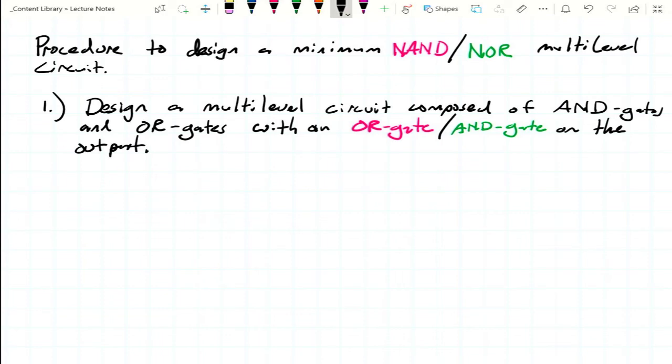So design a multi-level circuit composed of AND gates and OR gates with an OR gate on the output for making a NAND gate circuit, or an AND gate on the output for making a NOR gate circuit.